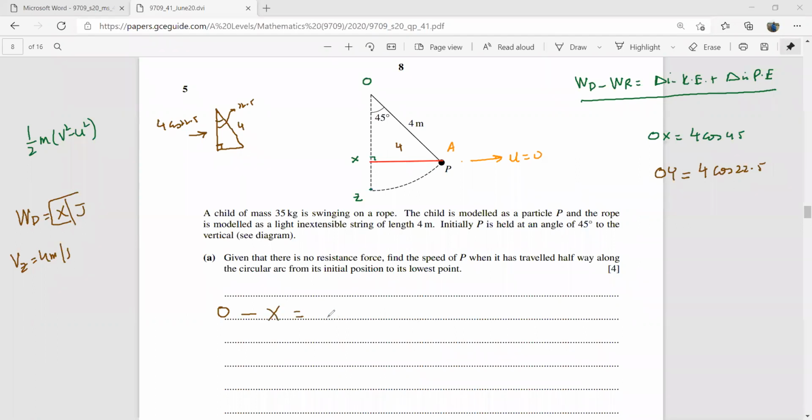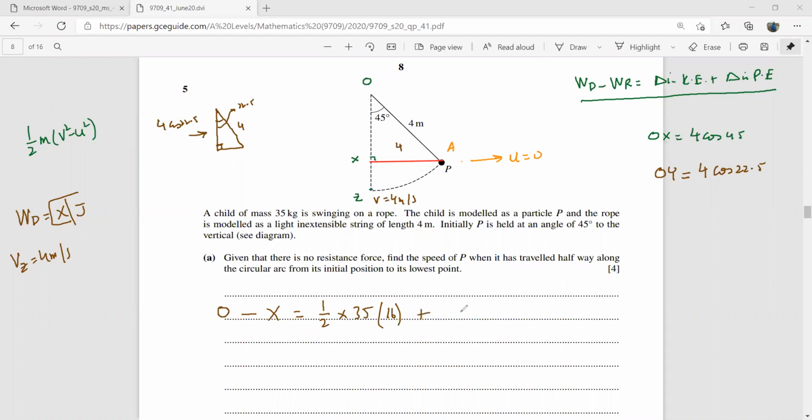So the change in kinetic energy: initially the speed is 0, finally the speed is 4 meter per second here. So that is going to be half into the mass. We'll have to use the mass this time. That is 35 into 4 square, which is 16, minus 0, okay?